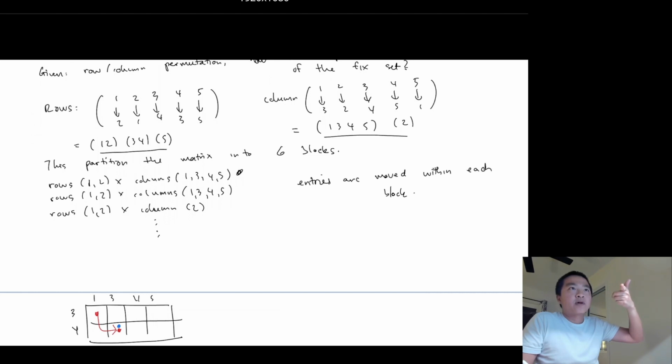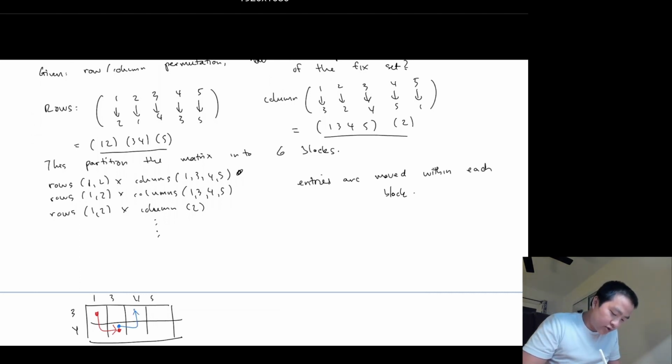Now column 3 is exchanged with column 4, so this entry will be here. Where does this entry go?